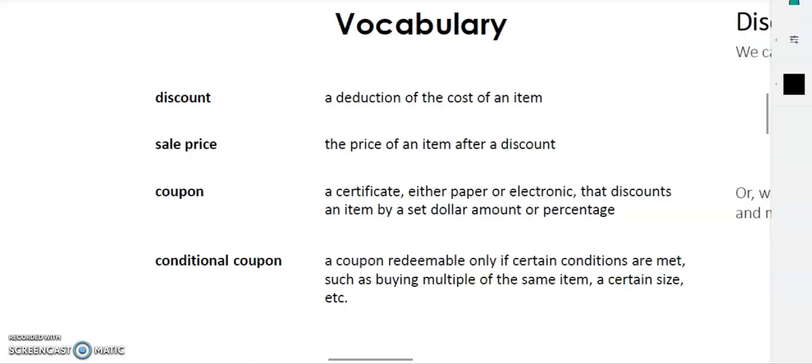Right? A specific kind of coupon is a conditional coupon. It's a kind of coupon where you have to meet certain conditions, right? You have to buy 2 to get 1 free. You have to buy 1, get 1 50% off. They're not just going to give you half off of one. You got to buy one first.